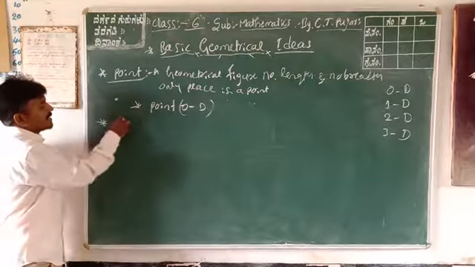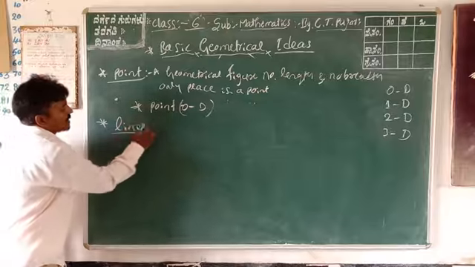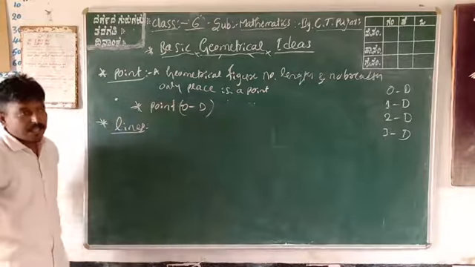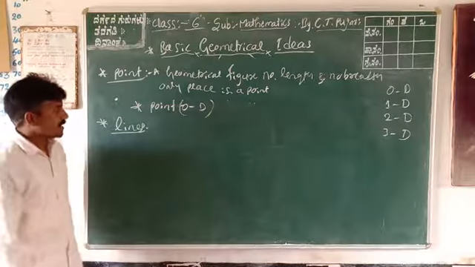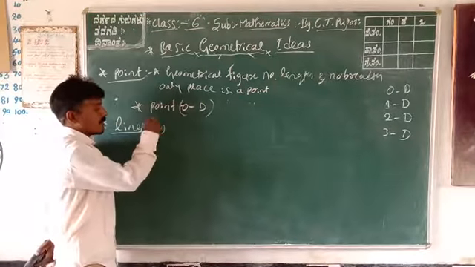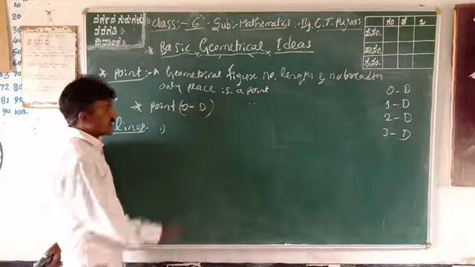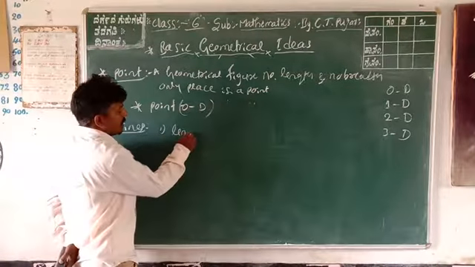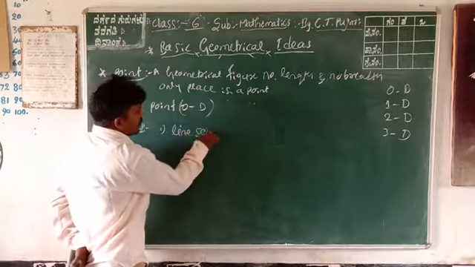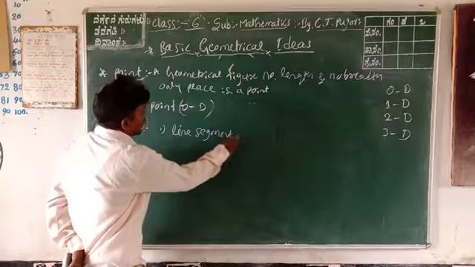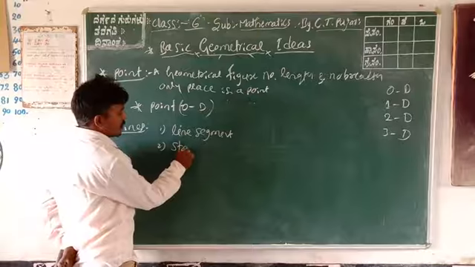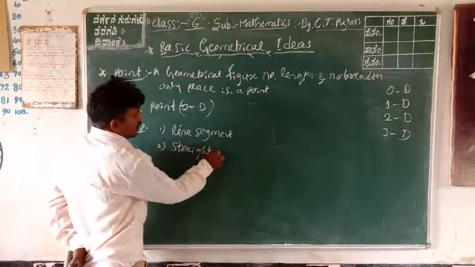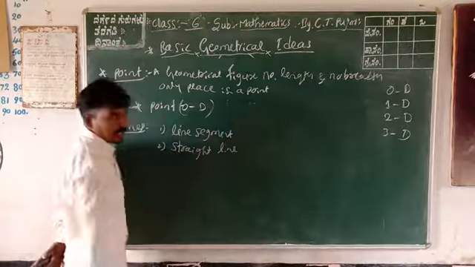The next one is the second one: lines. What are lines? There are many types of lines. For example, the first one we learn is the line segment. The next one is the straight line, or line.